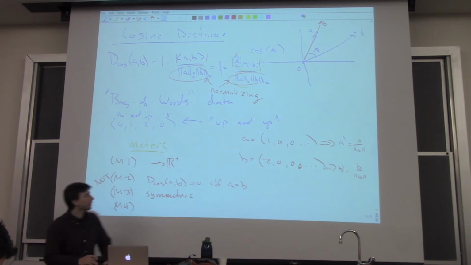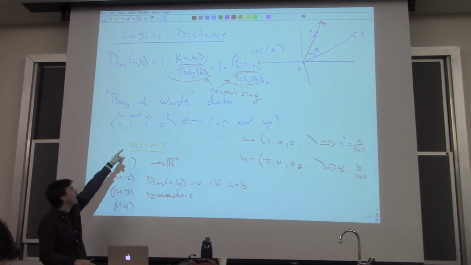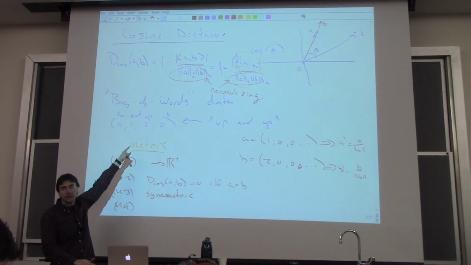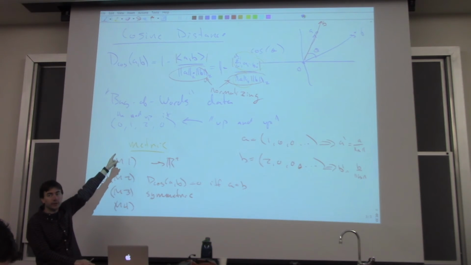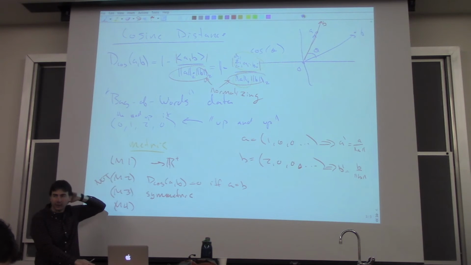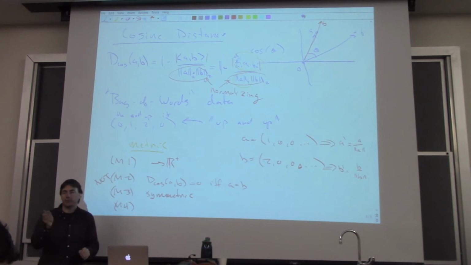If I took the word counts and divided by the L2 norm of these vectors, then all of these will be unit vectors. In that case, it's going to satisfy this M2 property after I've normalized the vectors. They're only going to be the same if they point the same direction.